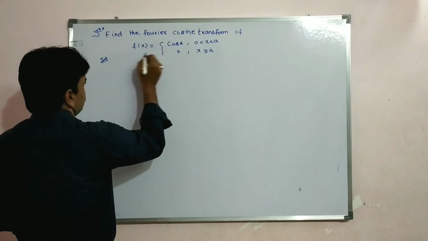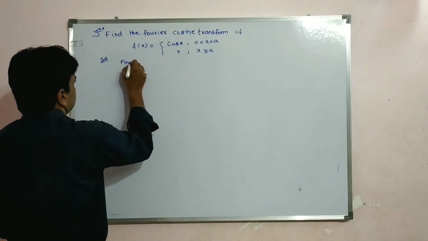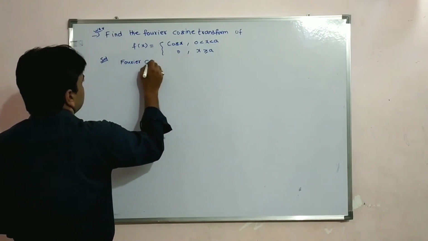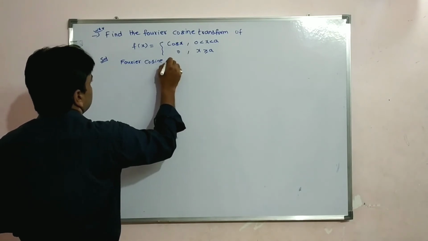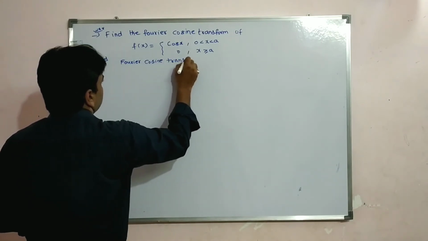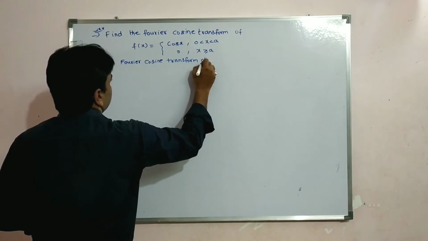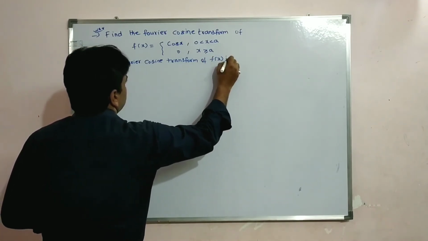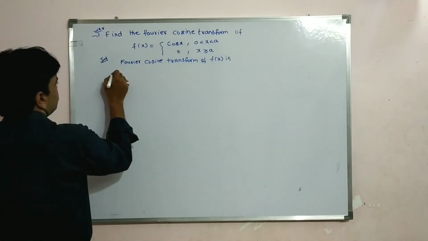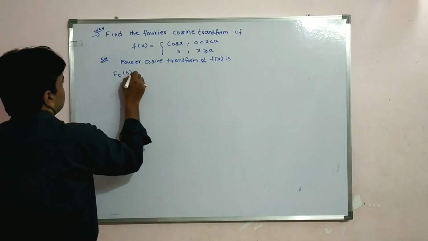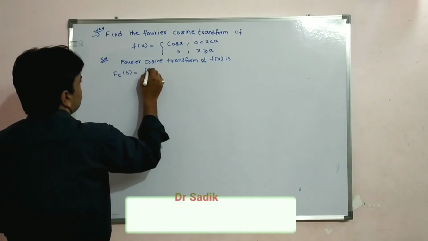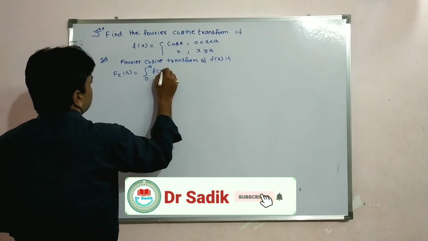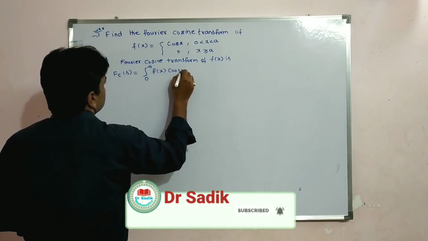Solution, students. The Fourier cosine transform of f of x is what, students? Fc of s is equal to the integral from 0 to infinity of f of x cos sx dx.